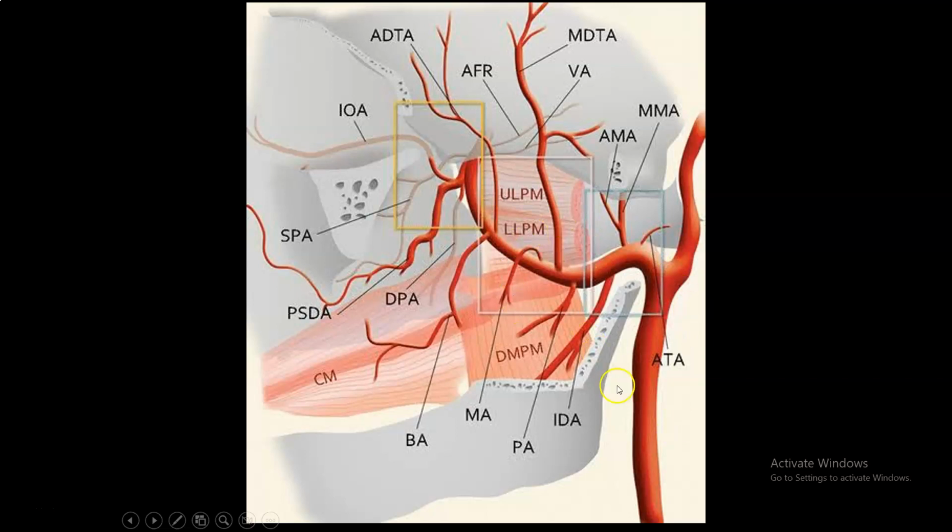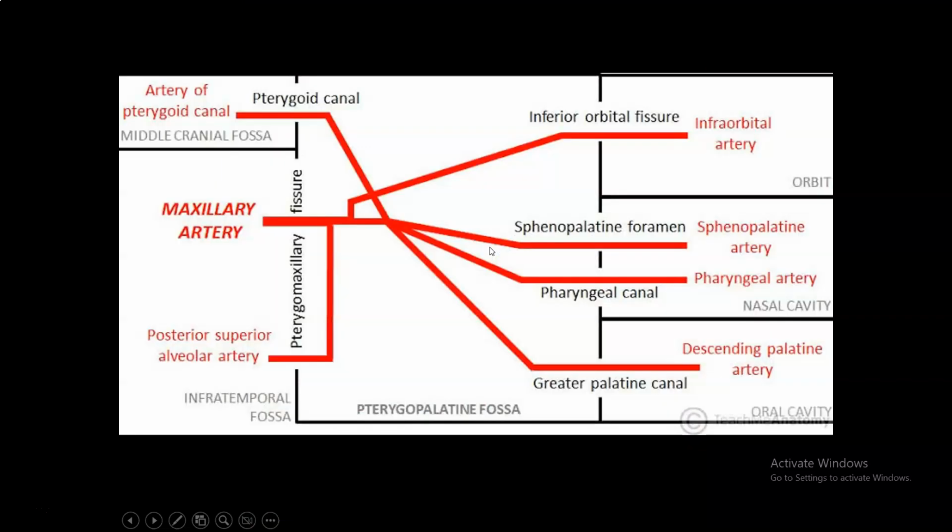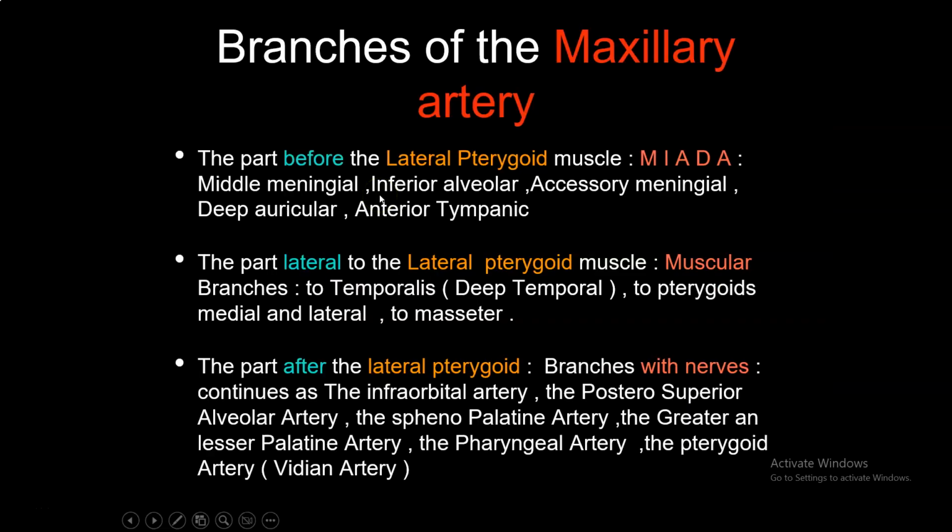And here is a view: the external carotid artery behind the angle of the mandible, behind the temporomandibular joint, dividing in the substance of the parotid into a superficial temporal and maxillary artery, passing in the infratemporal fossa with its branches. And again, this is to show you that the maxillary artery has many branches inside the infratemporal fossa.